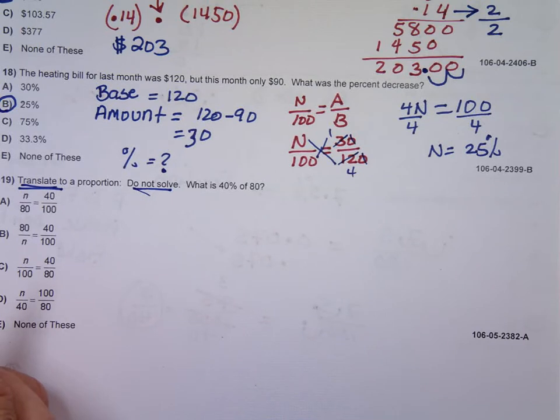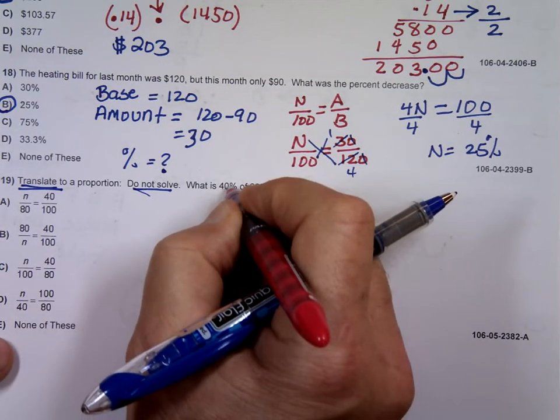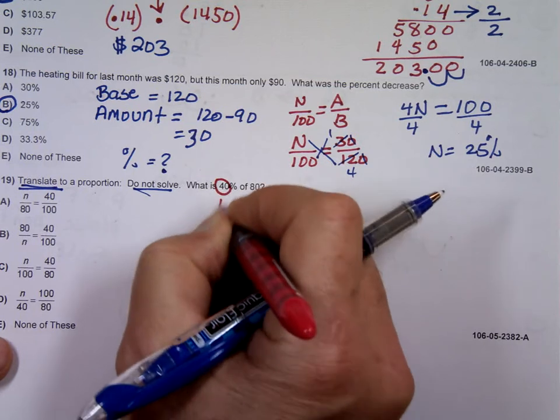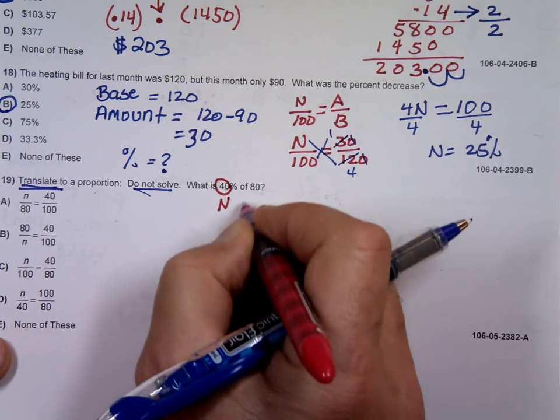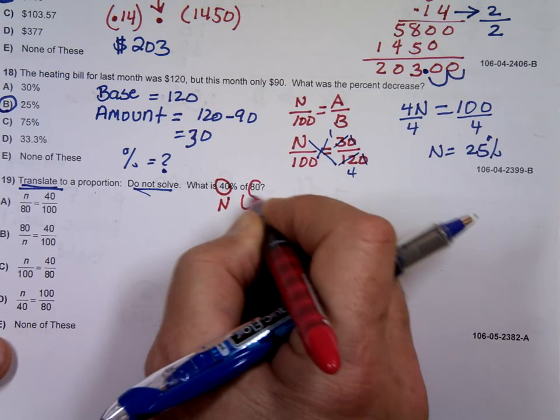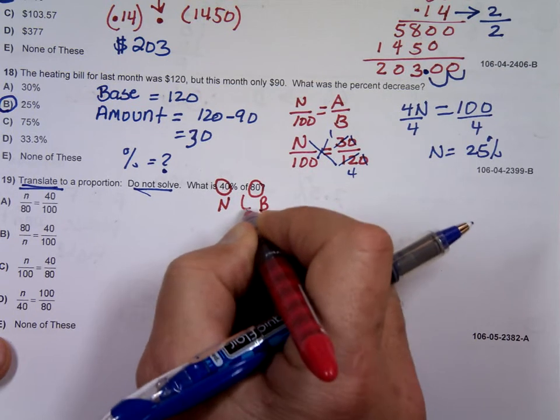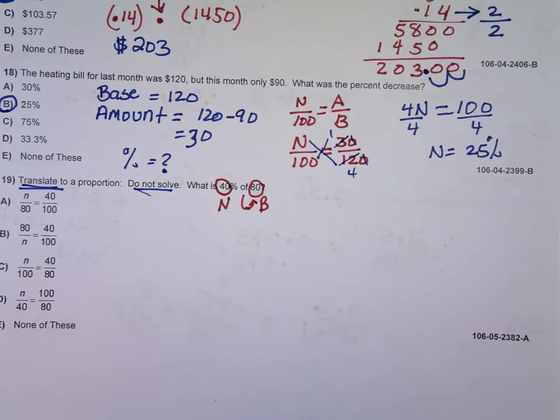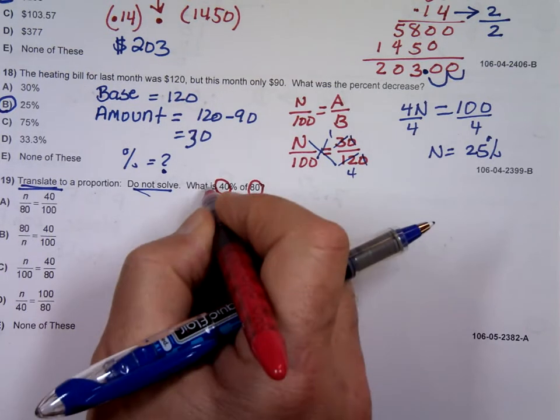What is 40% of 80? The 40% is your number. What comes after of is always what? Your base. So we know N and we know B. So the what, that must be the amount.